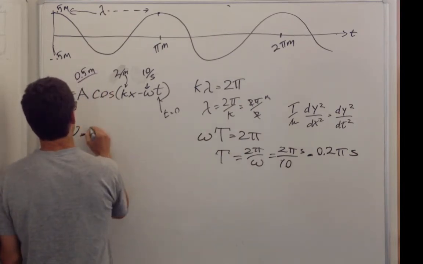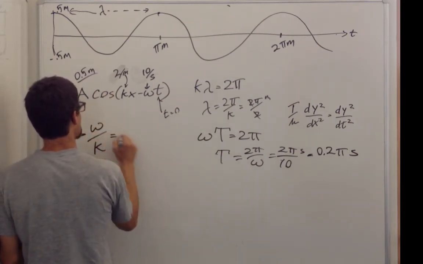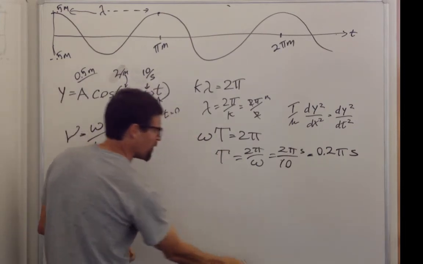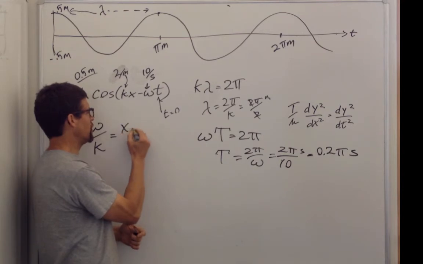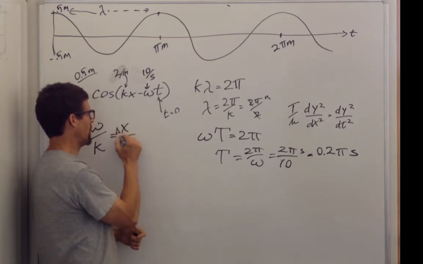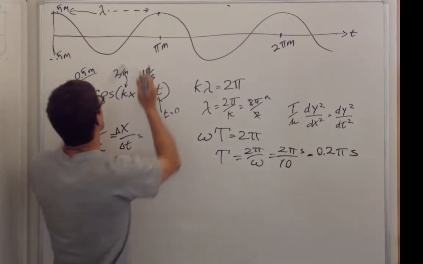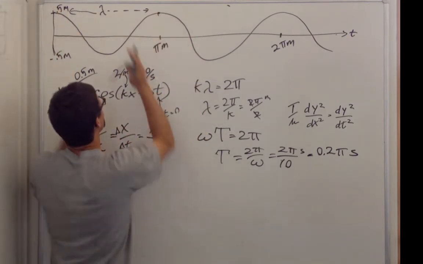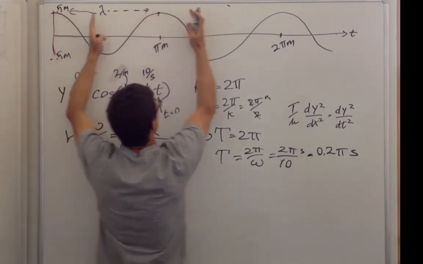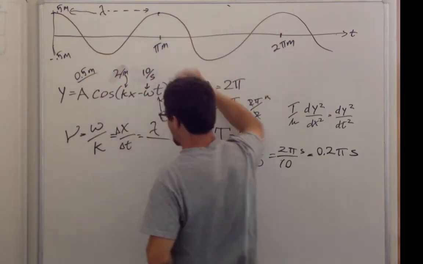And so what's my speed? My speed, I could say, is omega over k, but I could just say, look, the only formula I remember from physics is speed is equal to change in distance over change in time. And so we're talking about how long does it take a lambda to go by. As this wavelength goes by, I'm going to go up and down.